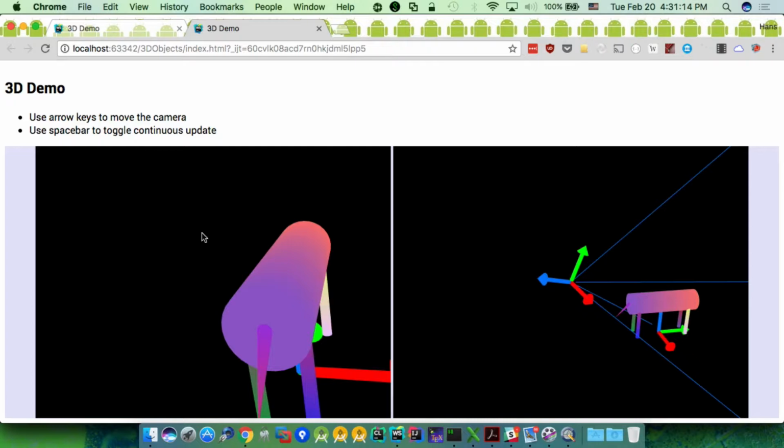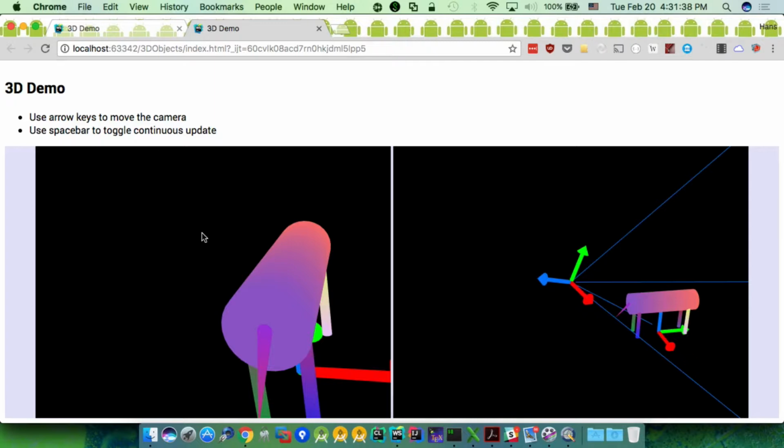Again, just to say it, this is a shear along the y-axis, but the shear amount will depend on the z coordinate of that point. As you go higher along the z, the shear amount will be bigger.